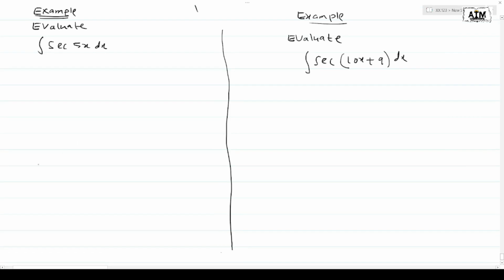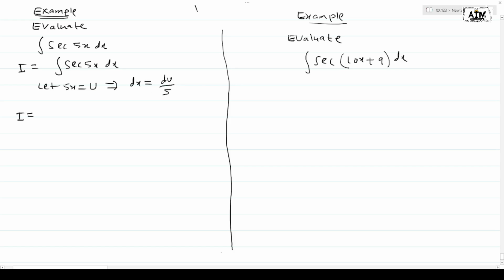Here are two examples. First, evaluate integration of sec 5x with respect to x. Second example, evaluate integration of sec 10x plus 9 with respect to x. So let I equal integration of sec 5x with respect to x. Let 5x equal u, which implies dx equals du upon 5.